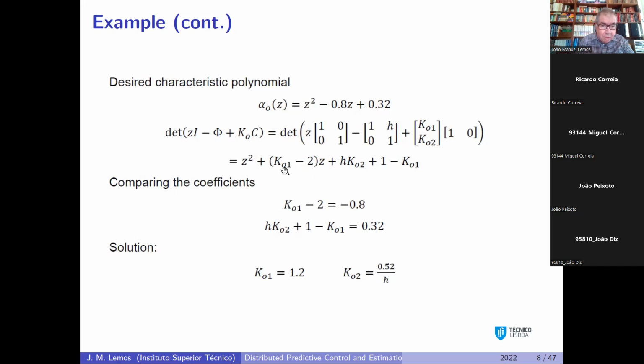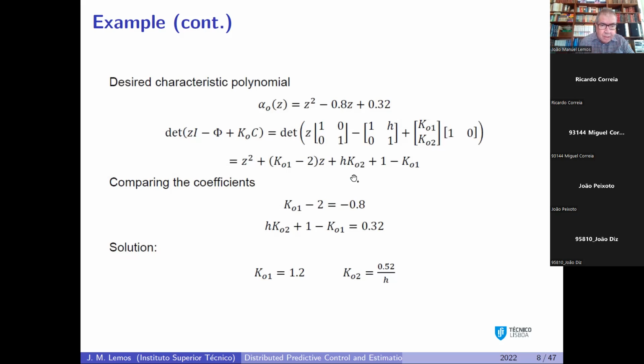Now, to find out the values of the gain K0, I just equate the corresponding coefficients of the different powers of z of the polynomials. So z squared has a coefficient 1. Here I also have 1. Then K01 minus 2 should be equal to minus 0.8. So I get one equation.